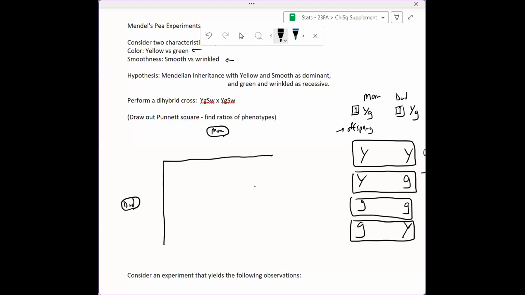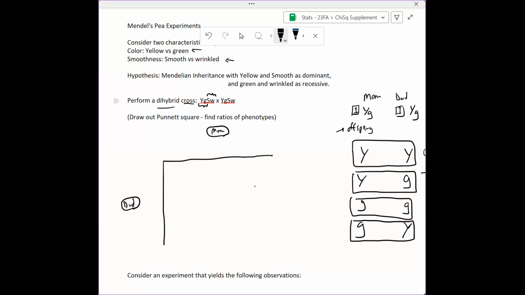So mom has, as far as the color goes, one yellow allele and one green allele. And as far as smoothness goes, she has one smooth allele and one wrinkled allele. This experiment is set up this way so that you have what's called a dihybrid cross.